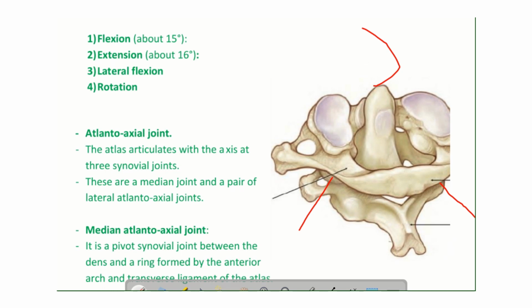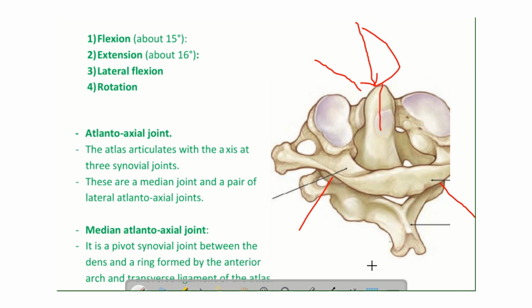The median atlanto-axial joint is a synovial joint of pivot variety between the dens of axis, whose anterior surface carries an articular facet, which articulates with a facet on the back of the anterior arch of the atlas. The lateral atlanto-axial joints are synovial joints of plane variety.